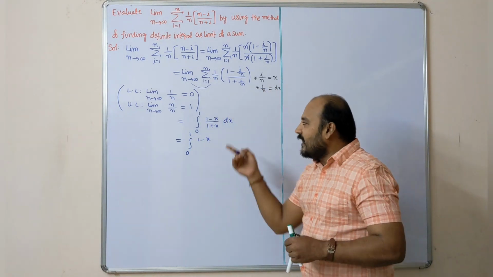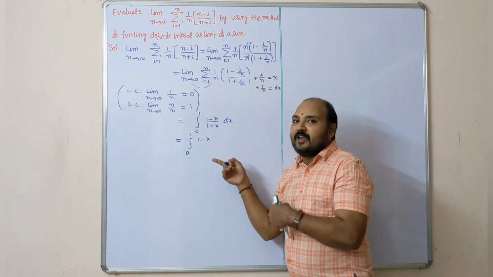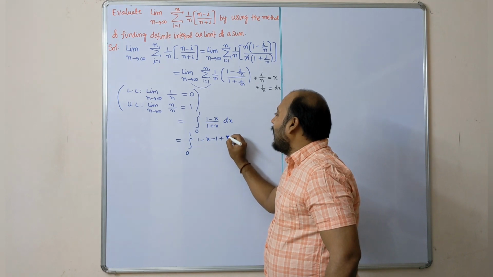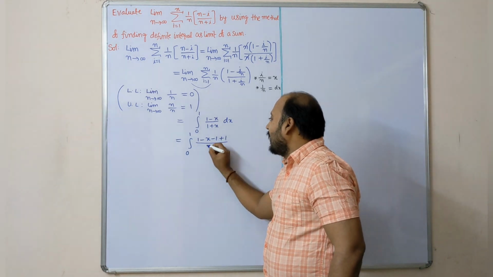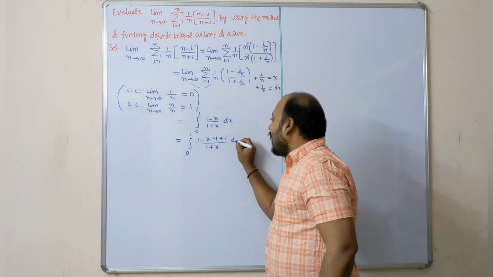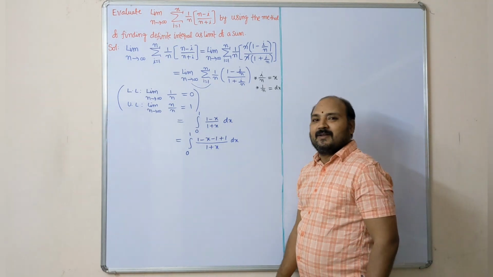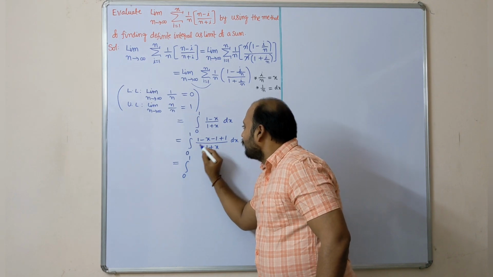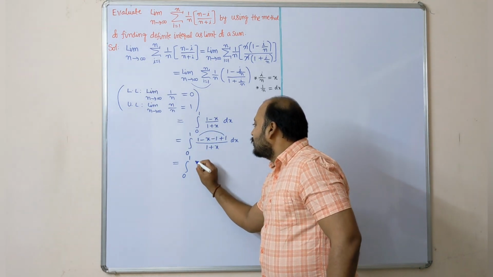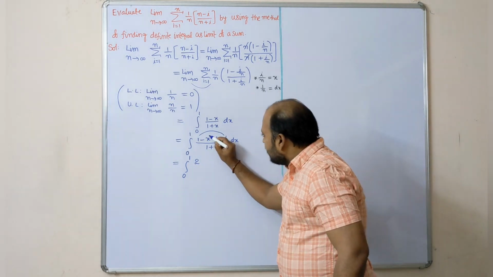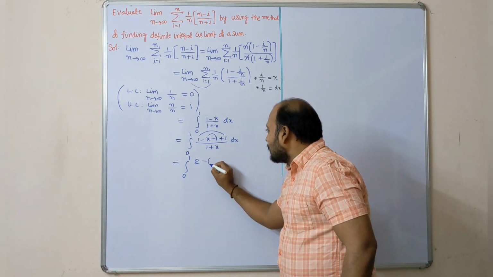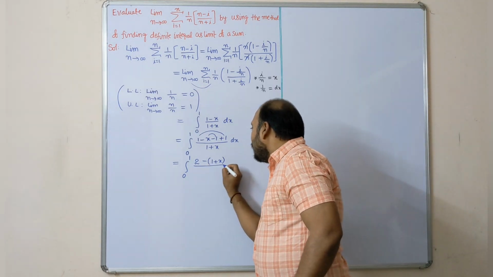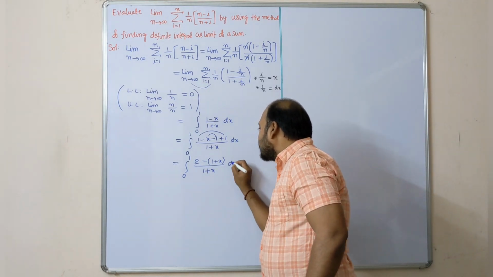To get it in terms of the denominator, we subtract 1 and add 1, divided by 1 plus x. So how will it come? I will tell that. Integral 0 to 1, 1 plus 1, 2. From these two, minus take common, minus of 1 plus x, am I right? Divided by 1 plus x into dx.